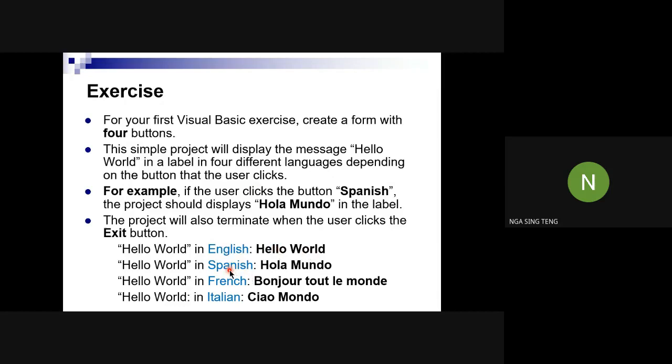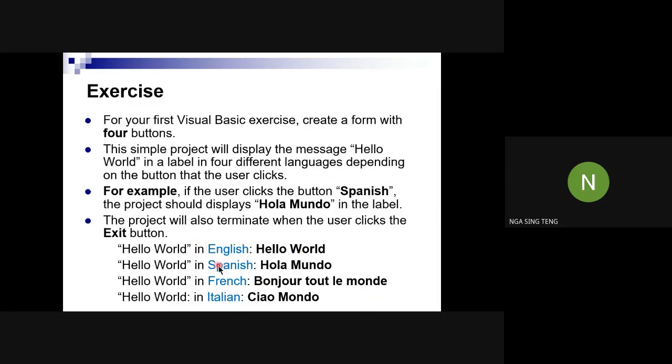If I click the Spanish button, that label, the same label as in the example, will show "Hola." Okay. If I click on the French button, the same label is changed to this.